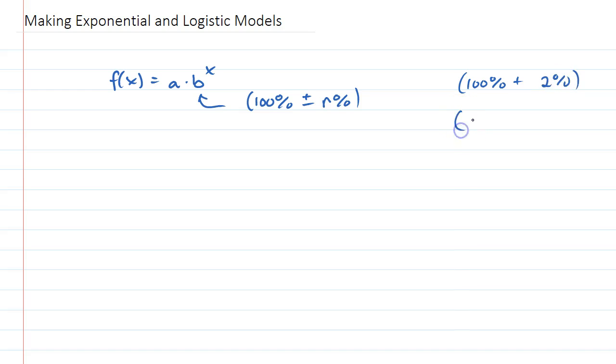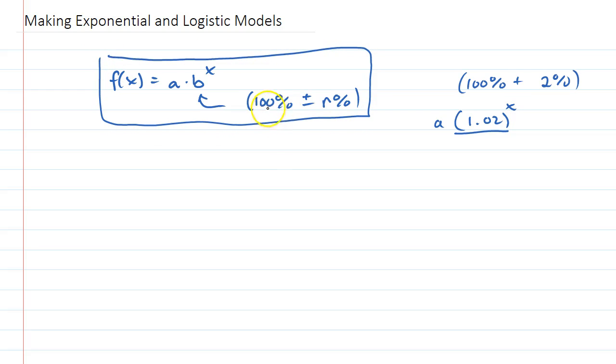Now, if you write that as a decimal, that would be 1.02. And that would be our b. We would have an a and then an x right here. So today we're going to start off by just writing it as a percent. And then the other thing to keep in mind is this is normally the start amount.